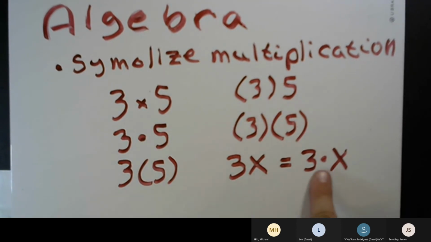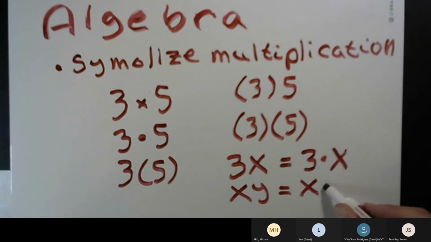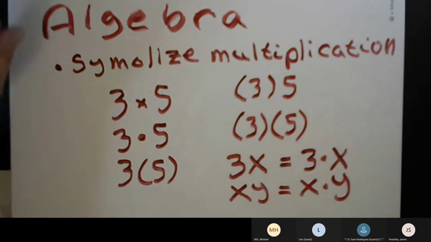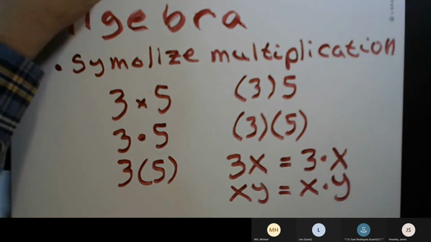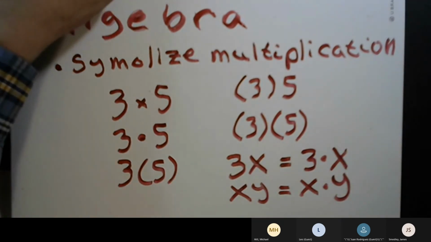We try not to have to write these multiplication signs in. And then if you see 2 variables next to each other, say an x and a y, that's x times y. So any questions about that?